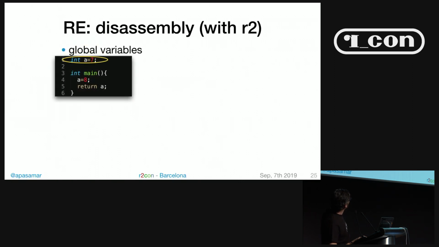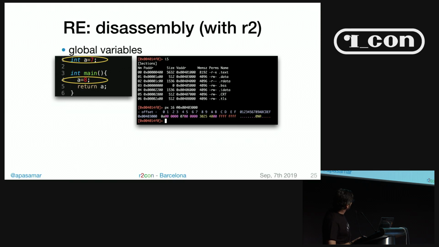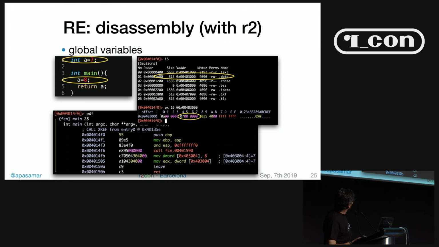So, global variables, for example this int. We modify this int in the code. If we take a look at the data section, we have this 7 we initialized before, and in the main function we can see this modification, and look at how it is addressing this memory address.